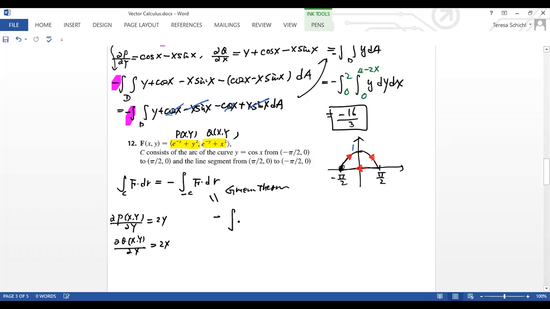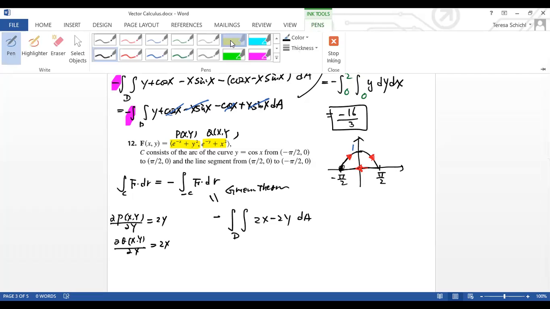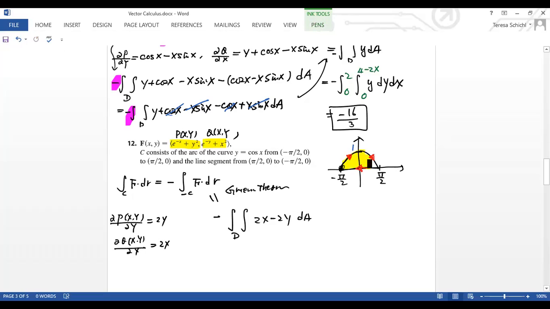This one will be equal to negative double integral over this region of ∂Q/∂x minus ∂P/∂y, so it's 2x minus 2y, integrating over this region. We are integrating over the region here.